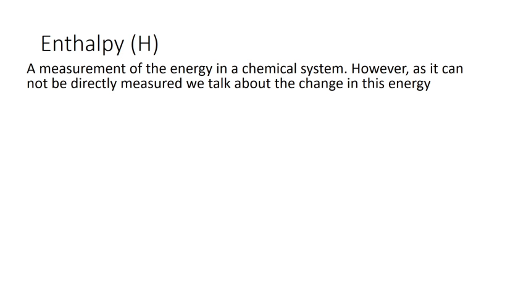So enthalpy is abbreviated as H. It is a measurement of the energy in a chemical system. However, it cannot be directly measured, so we talk about it as a change in energy in a chemical system, which means we are going to talk about it as delta H. If you're not familiar with delta from mathematics, delta means change.